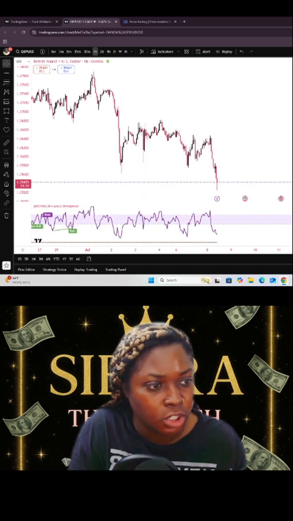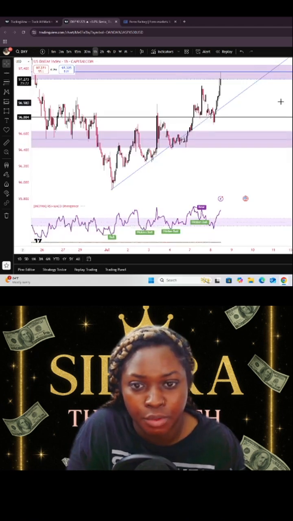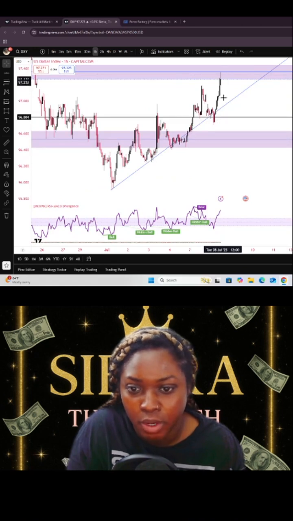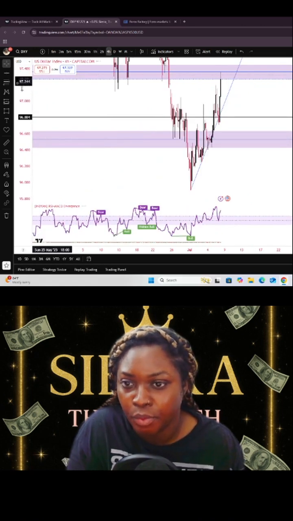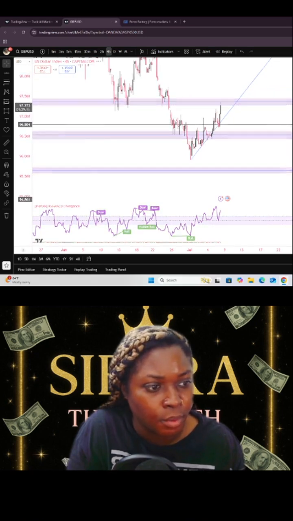I'm gonna mark up GU because I originally was looking for buys on GU, and the dollar has reached this zone, so it may sell from here. So I want to remark my GU up.